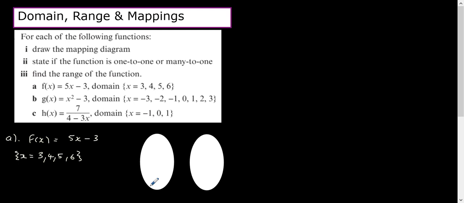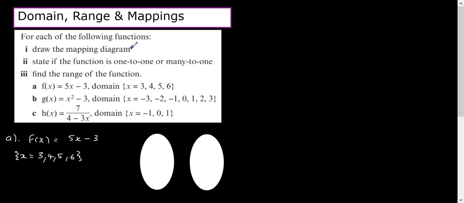These are the values that will be substituted into the function, and only these values. So we are looking at 5x minus 3, but only for the values of x that are 3, 4, 5, 6. Every other x value is not included in this. So our domain represents the x values that we are going to substitute into our function.